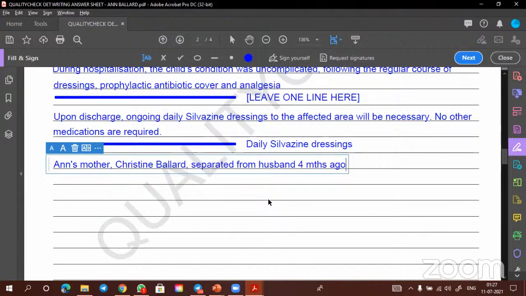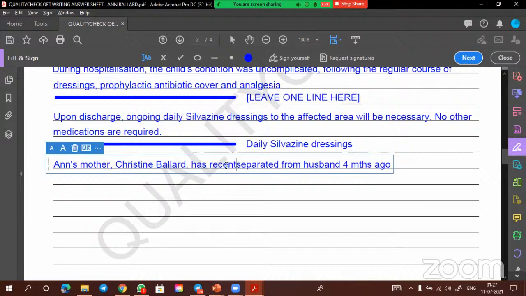Okay. Next one. Here you can say the verb has separated. Separated means past tense. Has separated, when recently separated. I'm showing you how it is joining. Has recently separated from her husband. And 4 months ago is not needed now because we said recently.